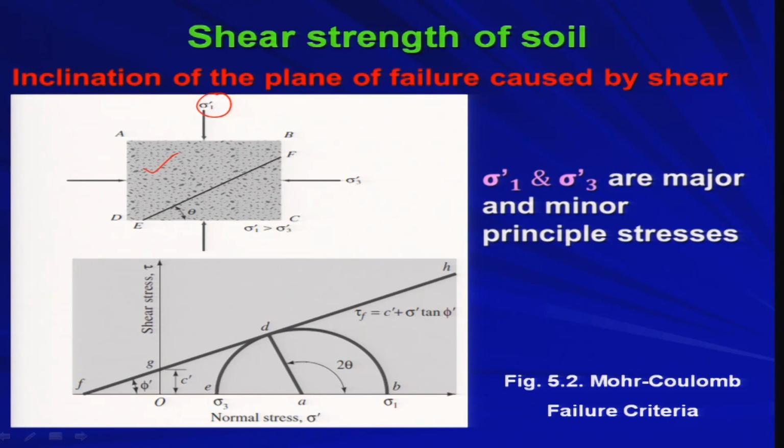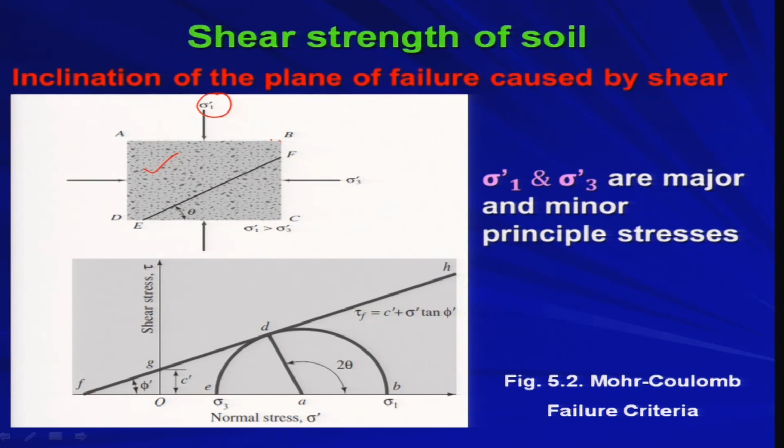AB and CD, these two horizontal planes, are experiencing the major principal stress sigma 1 prime. Obviously, the plane which is making a 90 degree angle with the major principal plane, therefore AB and CD become major principal planes, am I right.